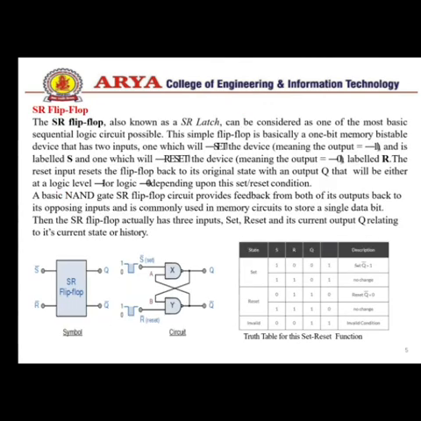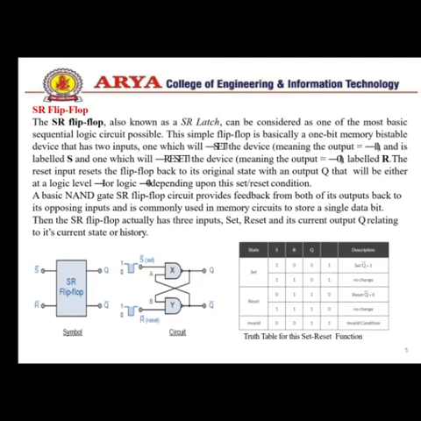Now we will move to the main topic, which is the SR flip flop. Now we will discuss the SR flip flop. The SR flip flop, also known as SR latch, can be considered one of the most basic sequential circuits. It is a simple flip flop, basically a one bit memory device, with two inputs, S and R, and two outputs, Q and Q bar.